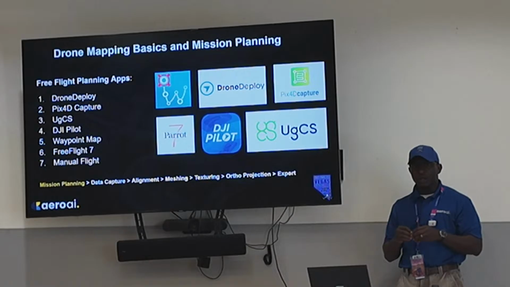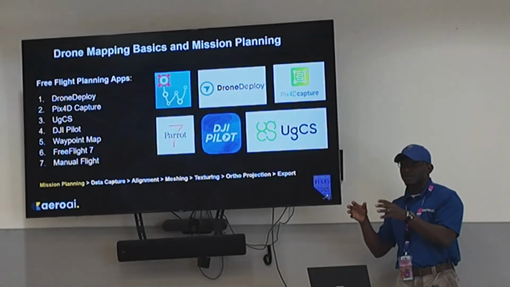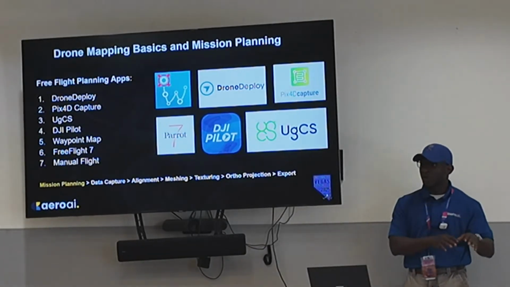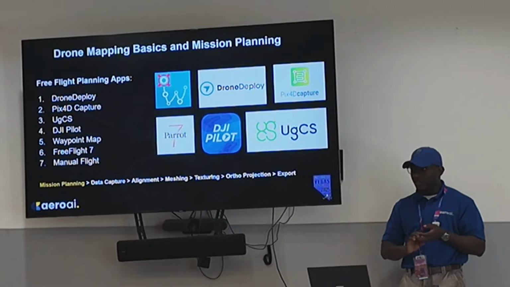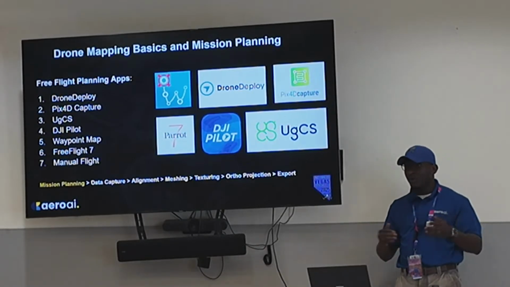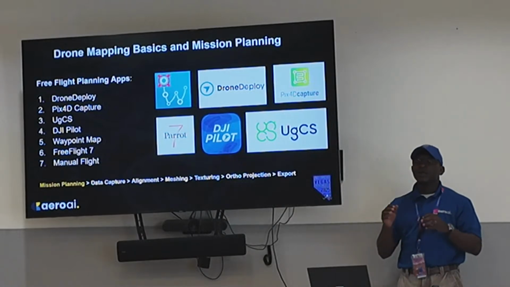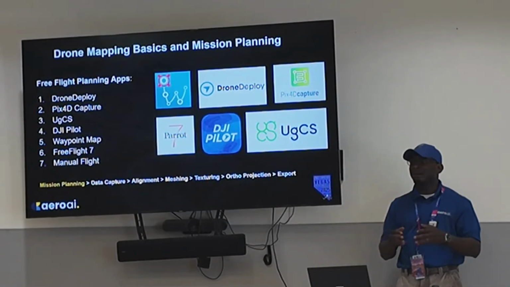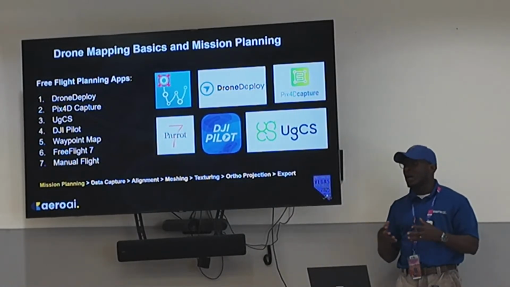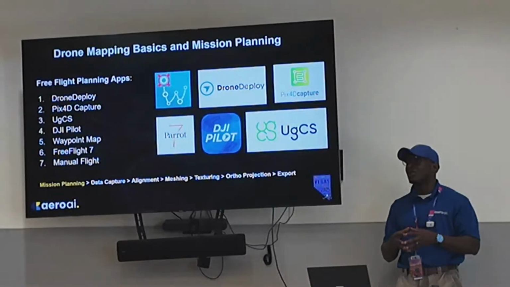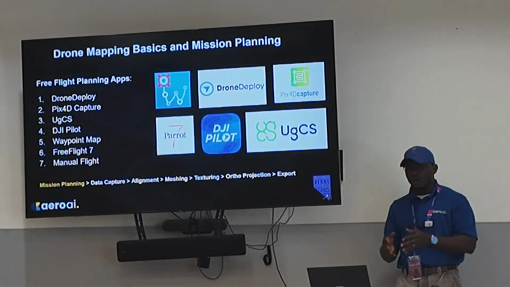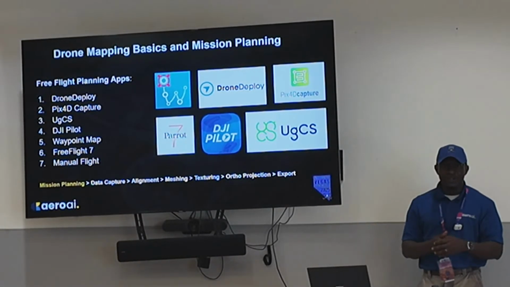They created software that lets you create drone plans for those smaller drones. And it really unlocks a lot of capabilities where you don't want to fly a big drone, or that's all you have. So if you have a DJI Mini and you still want to do mapping and capture data, but the controller does not come with flight planning software for mapping, you can use Waypoint Map. And obviously, there's Mano Flight.